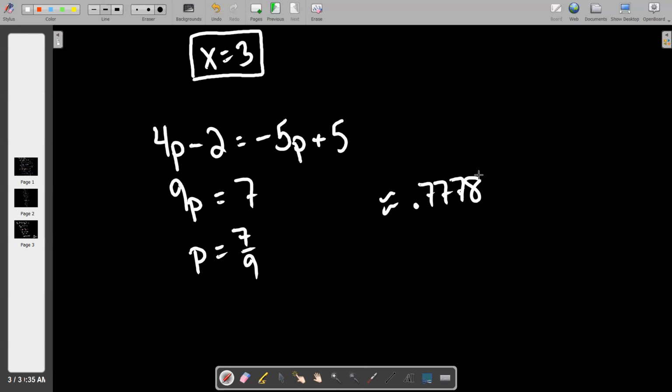If you're a math person, just think common sense: 4 times that number has to be bigger than 2 because it's bigger than a half. But if you're not that kind of person, then just turn it into a decimal, plug it into the argument on the left, plug it into the argument on the right, and if neither of them comes out negative, you're good to go.